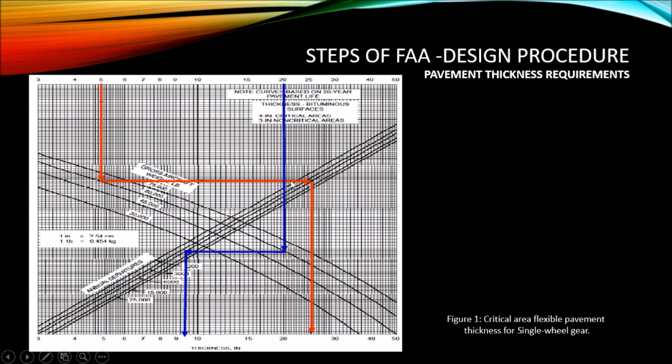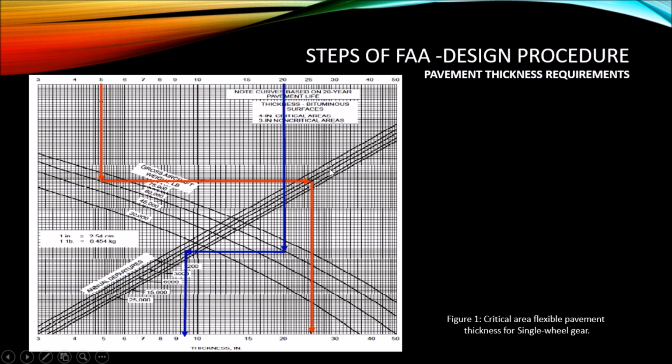For the annual departures, the red line is pointing at the third line, which is 6,000. So we move it down and trace the thickness of the pavement. You can see it is between 20 and 30, about 25 or 26. This is just an example, but note that the chart is not the same for all aircraft types.